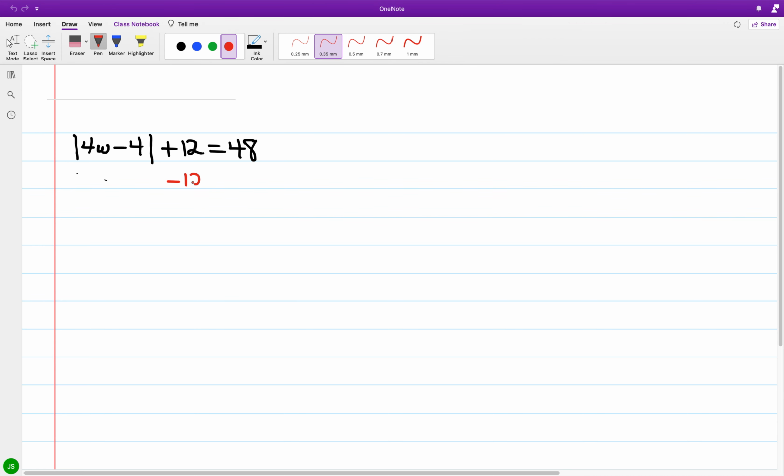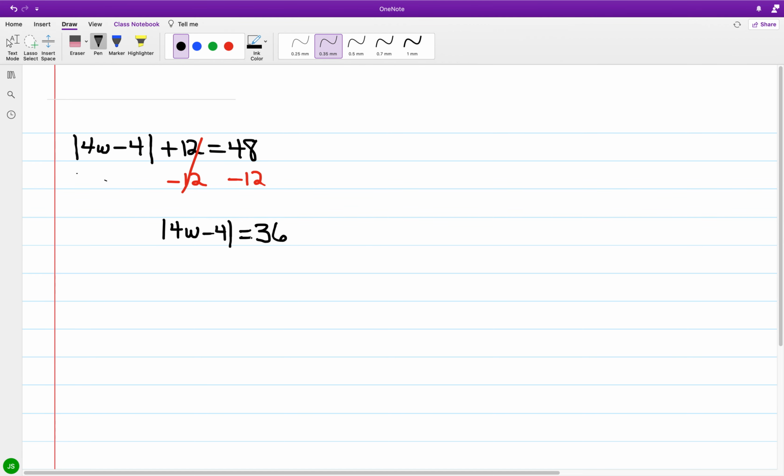So I can take away 12 from both sides, and in doing so, I have the absolute value of 4w minus 4 is equal to 36.